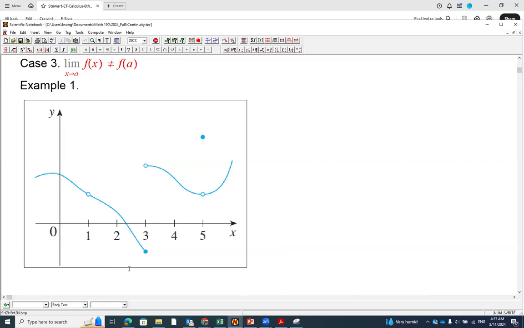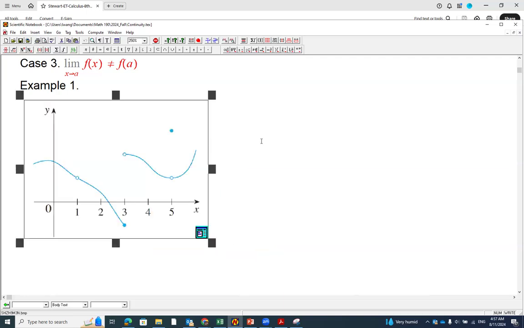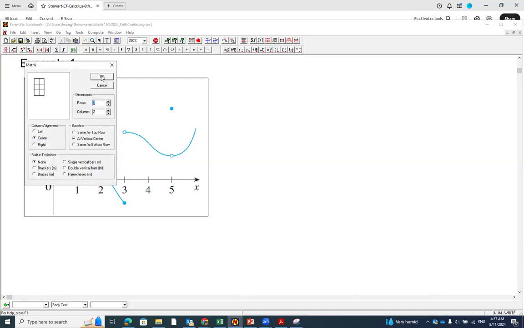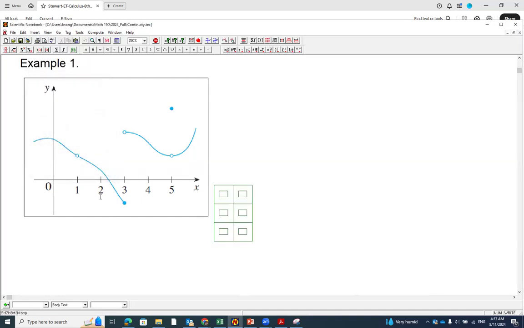Let's try to keep everything in the same graph so you see everything. We're still going to use this table form. So let's look at 1.